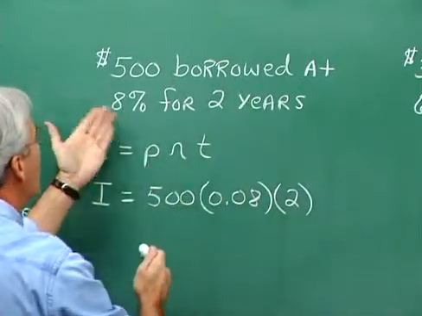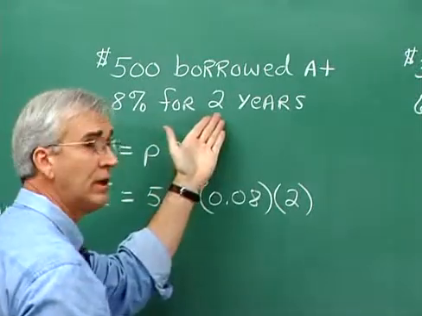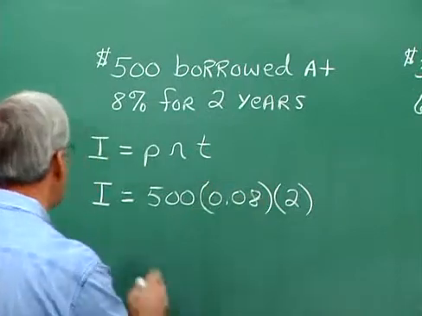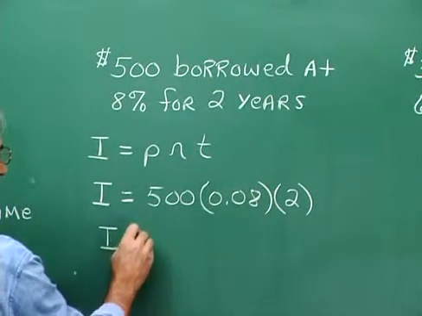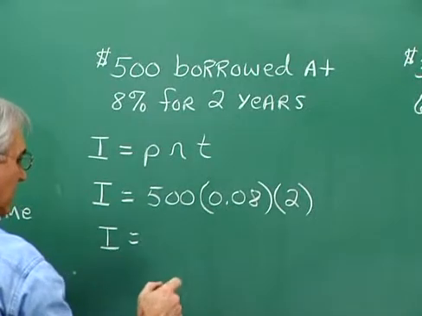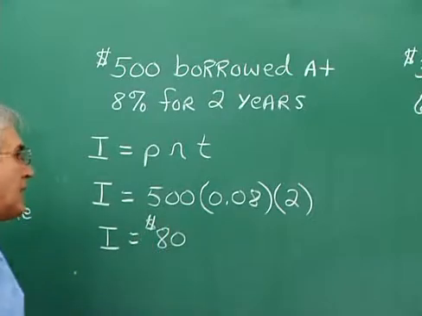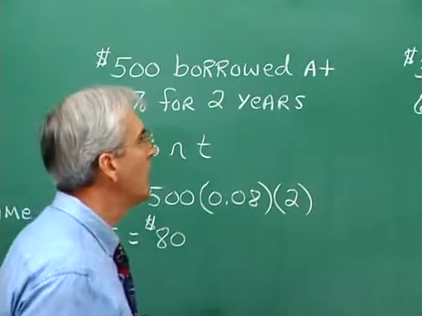That is, this is an annual interest rate, a yearly interest rate, and we have years for the amount of time. That's kind of an important consideration. Multiplying on the right, we find 80 to be the result of this multiplication, and so the amount of interest is $80.